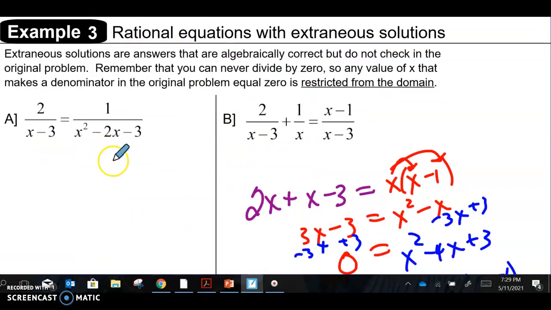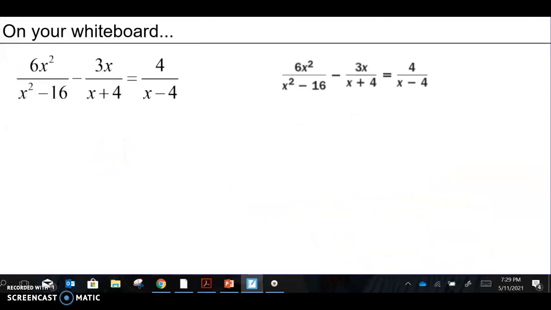This one we had done, I just kind of erased everything because I ran out of room. You were supposed to do these last two. Since x squared minus 16 is x plus 4 times x minus 4, then I'm going to multiply everything times x plus 4 times x minus 4.